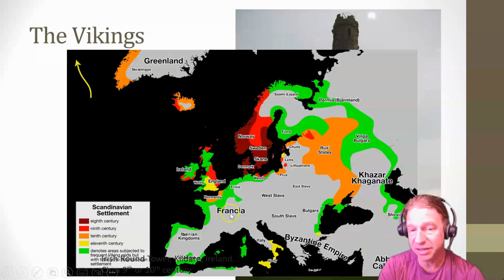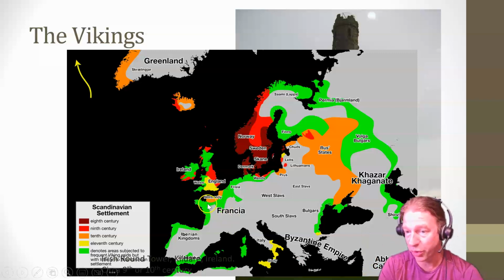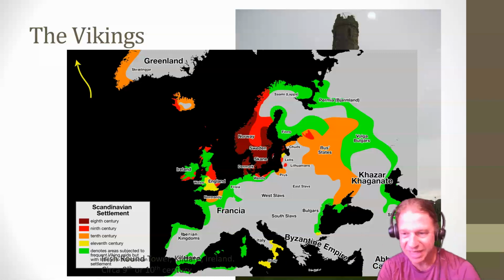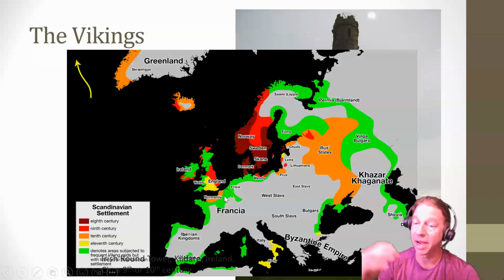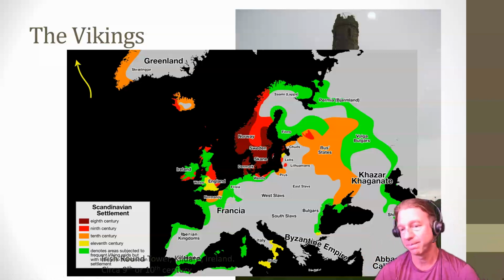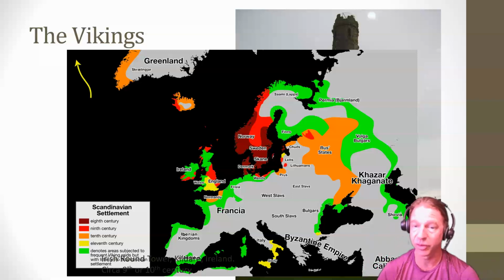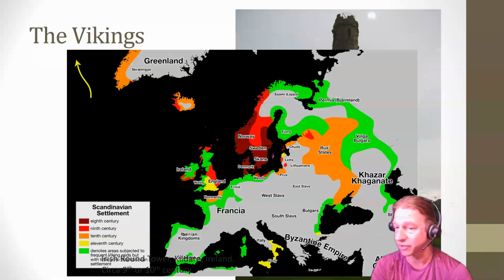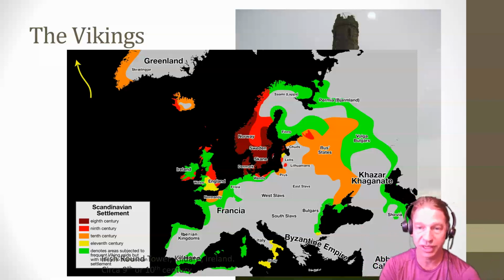Because the Normans settle here in northern France, in Normandy, and over generations, they cease to be Vikings, and instead they become Normans. They adopt Catholicism, they adopt many of the mannerisms and dress of the greater Frankish realm, of the greater French realm, and they are vassals, again, of the French king.